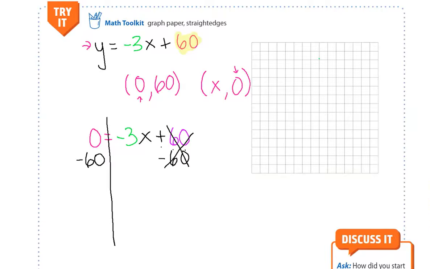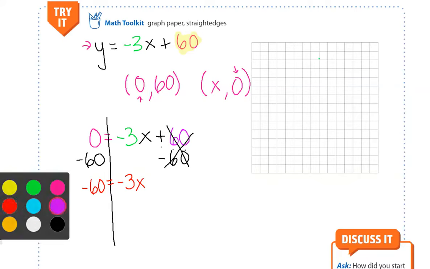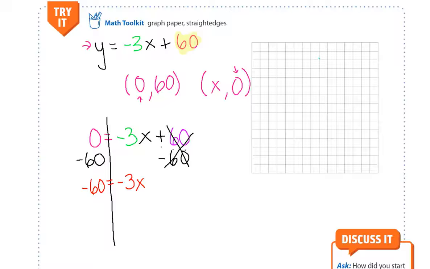If I rewrite this equation, -60 now equals -3x. We still need to get that x by itself. It's got a -3 for its coefficient, so that means it's x times -3. It's multiplying. Remember, if we want to get rid of something, we do the opposite. So the opposite of times -3 is divided by -3. -3 divided by -3 is 1.